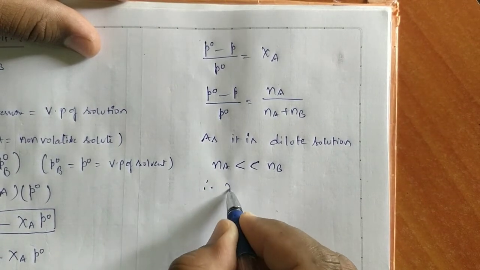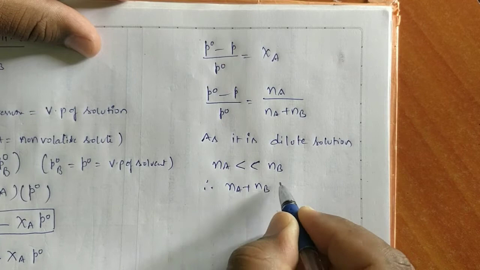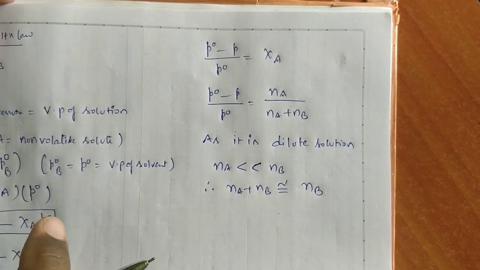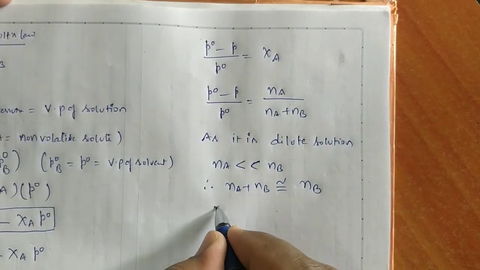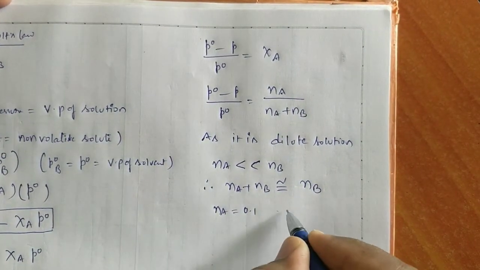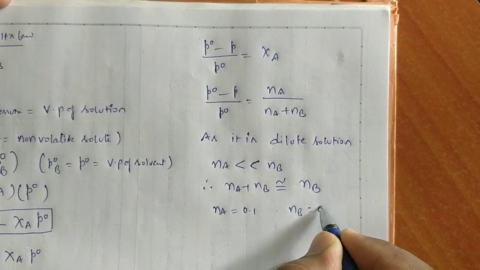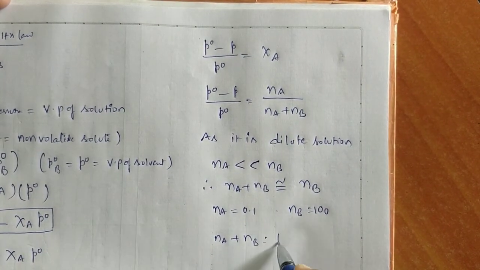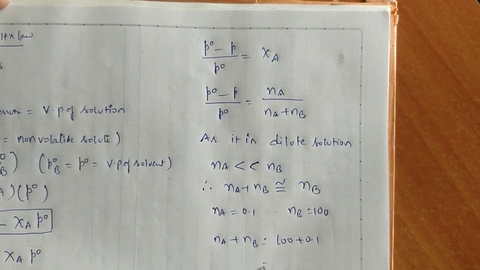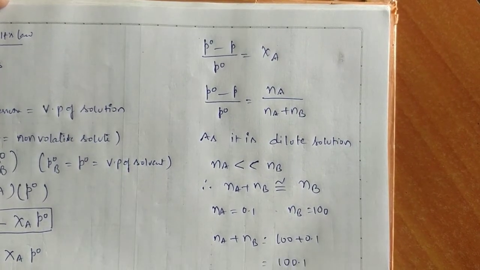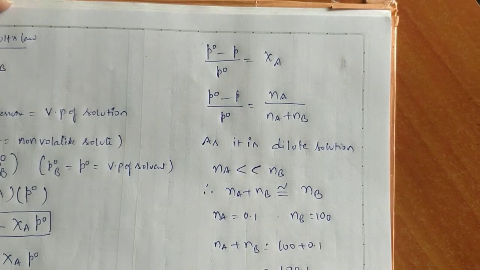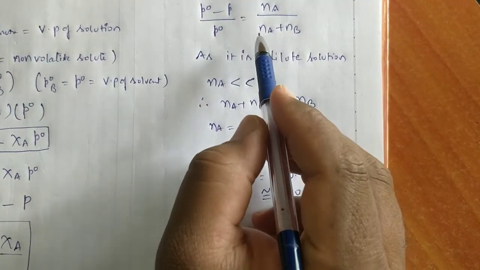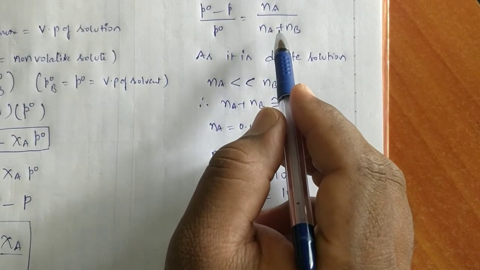Therefore, Na plus Nb, approximately we can take it as Nb only. For example, Na is equal to 0.1, Nb is equal to 100. Na plus Nb is equal to 100 plus 0.1 is equal to 100.1. Approximately we can take it as 100. That's why in the denominator alone we can neglect this Na and the value will become Nb.